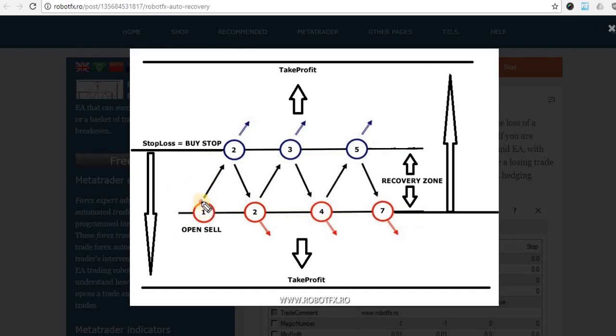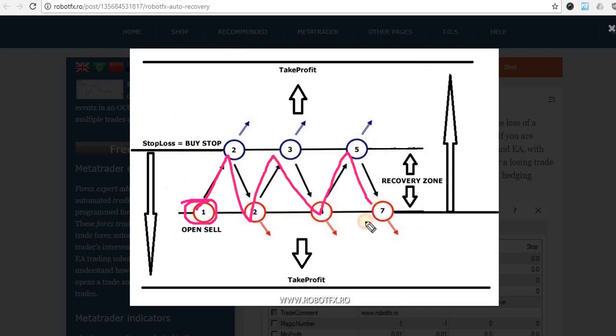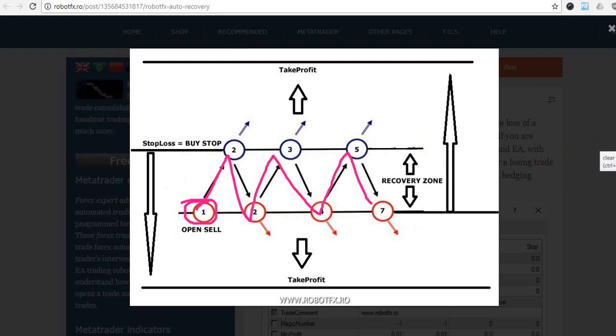You must either open it manually, this trade number one, or rely on another expert advisor if you want to automate your trading 100%. And then make sure that the auto recovery uses the same magic number as the expert advisor that opened this first trade. After that, the auto recovery will take over and hedge this trade and this basket, if it will be a basket of trades.